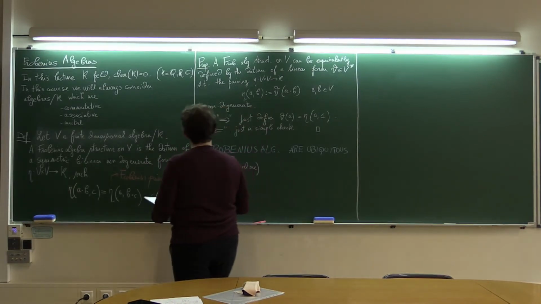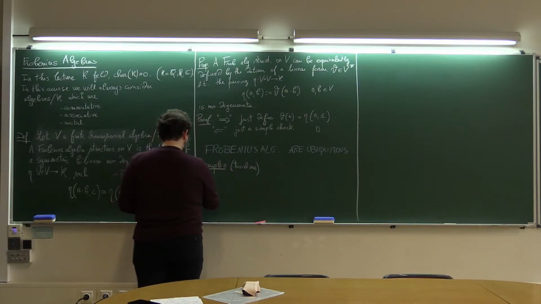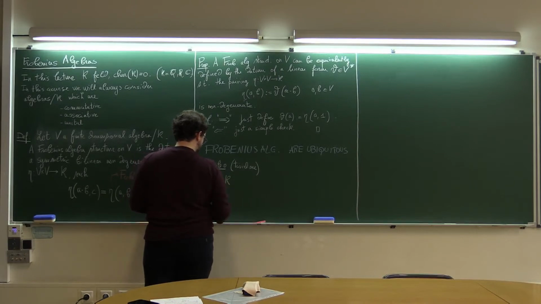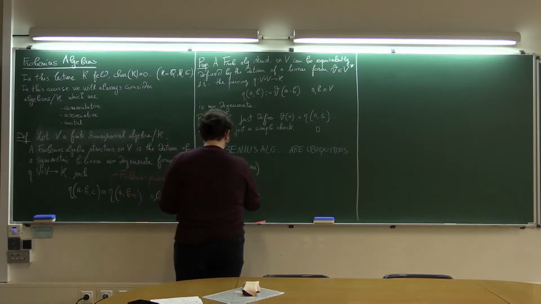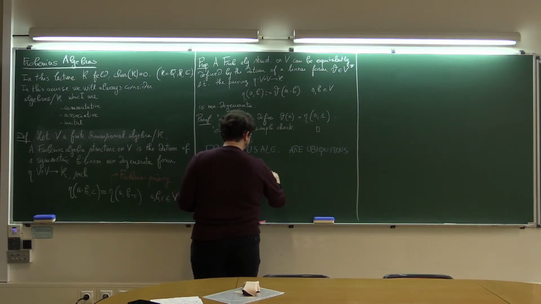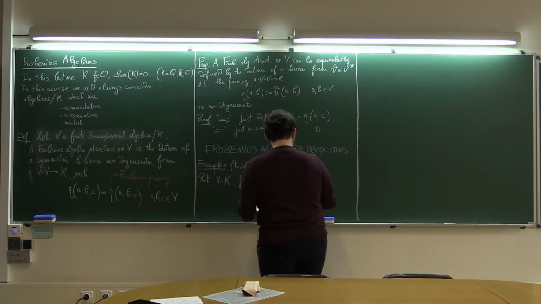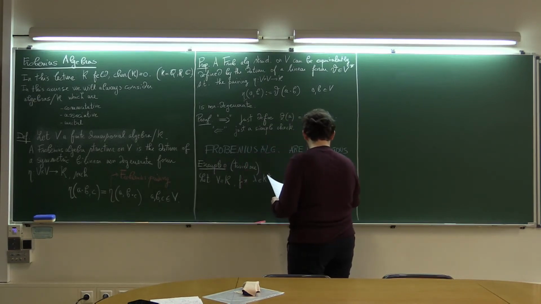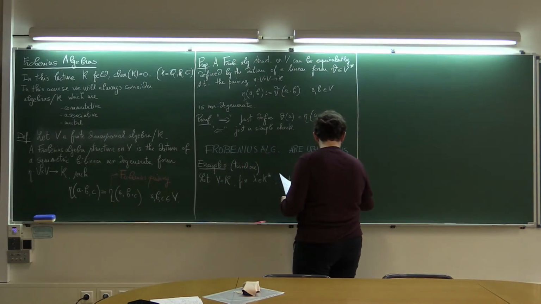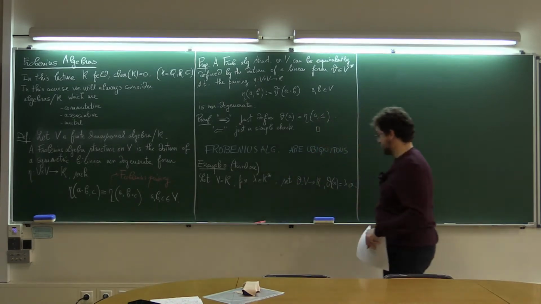So the trivial example of Frobenius algebra is the following. Just take V equal to the field K and fix an arbitrary lambda in K different from 0. And set theta to be the linear form defined by multiplication by lambda.